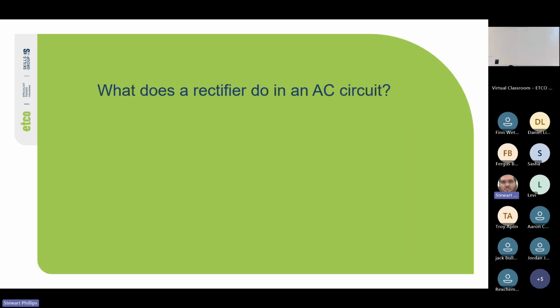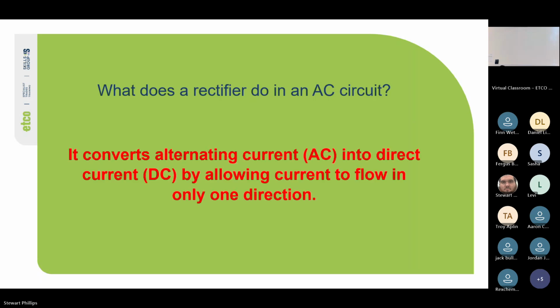So what does a rectifier do in an AC circuit? Yeah, so basically it converts the alternating current into direct current by allowing current to only flow in one direction.